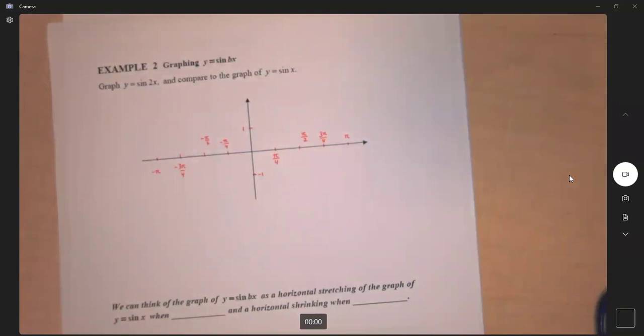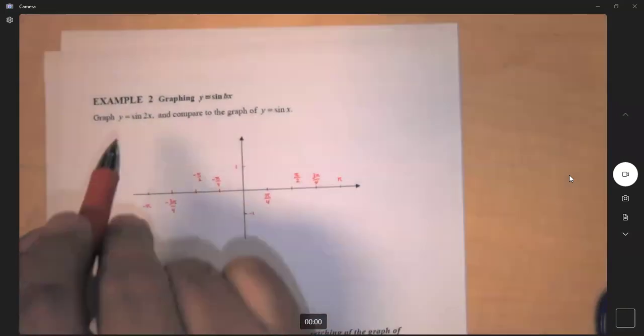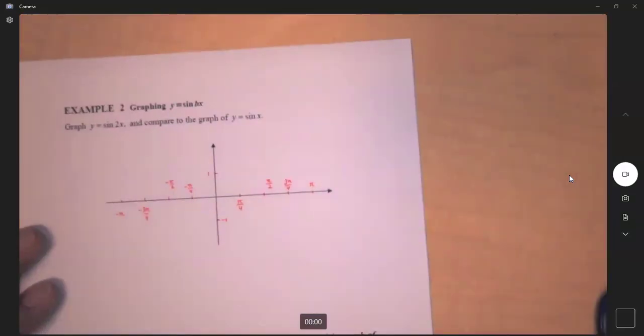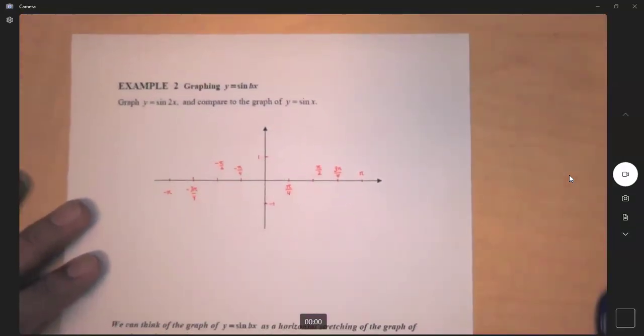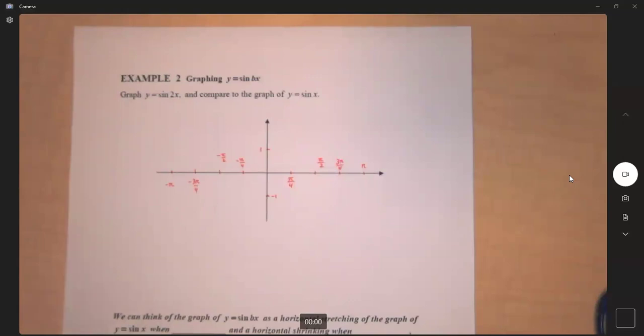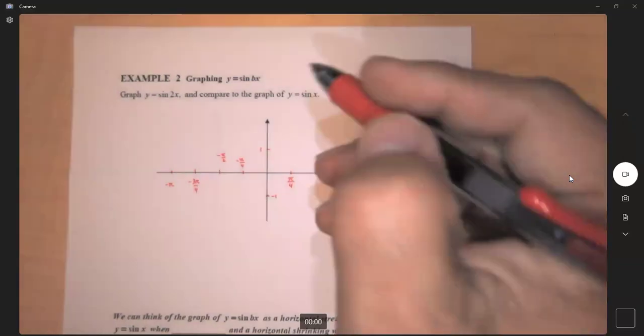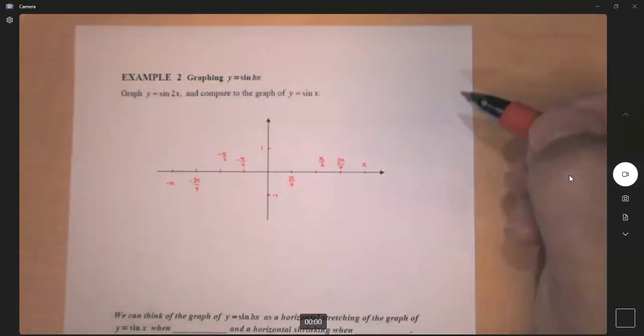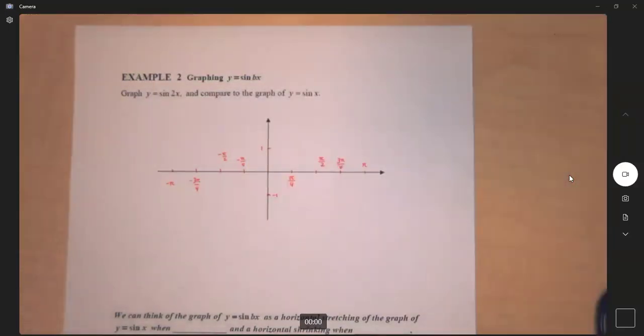All right, let's look at the next one now. What if the 2 is inside of the function, right? This 2 used to be outside. What if it's inside? You still do it the same way, except if the 2 is inside, that's going to affect the period of the graph. If it's just x inside of the argument of the function, the period's always 2 pi.